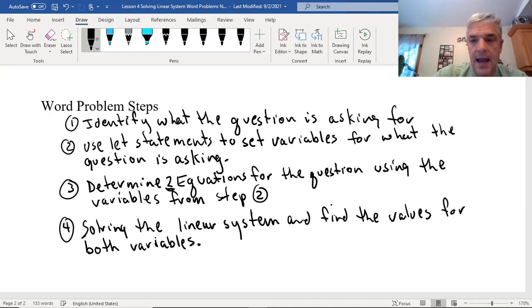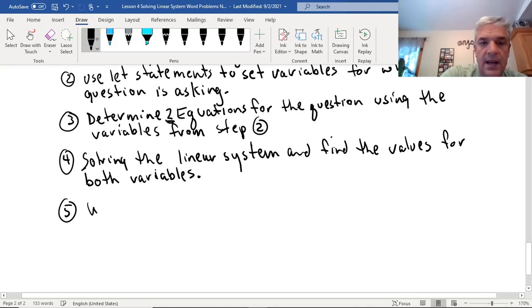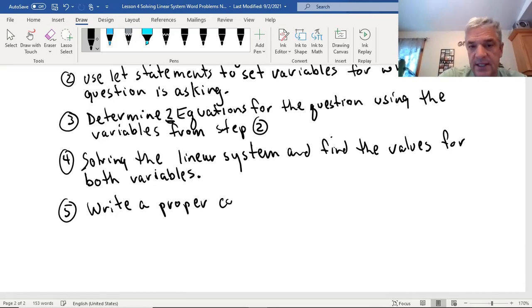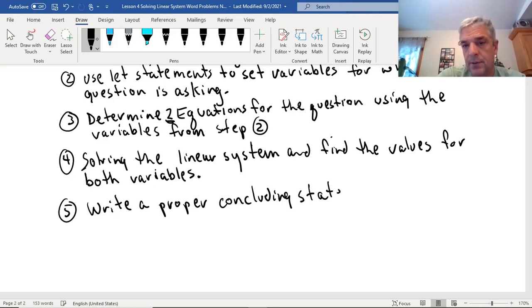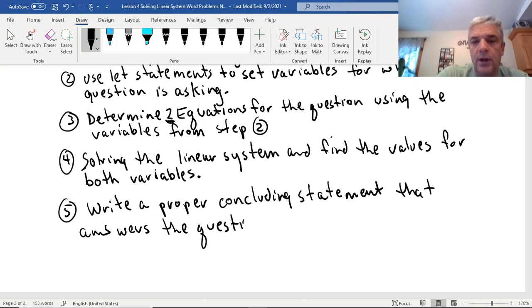And then the last step, which is kind of important, is number 5, is to write a proper concluding statement that answers the question. That answers the question, okay? And you are done, okay?